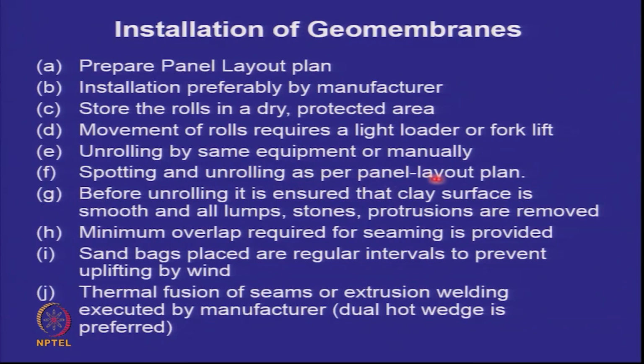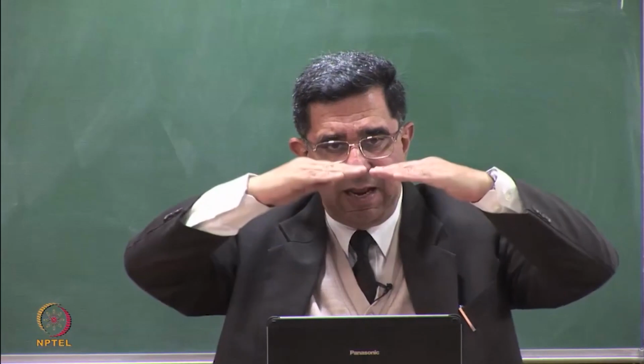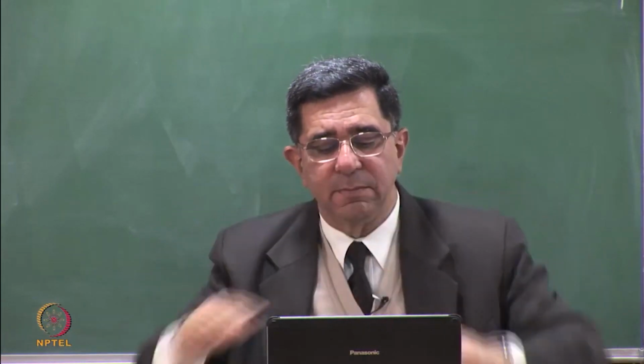Spotting and unrolling should be as per the panel layout plan. Before unrolling, it should be ensured that the clay surface is smooth and all lumps, stones, protrusions, roots should be removed if there are any which are coming with the borrow material. Minimum overlap required for seaming is to be provided. When two of them have to be joined, they don't join like this, they have an overlap.